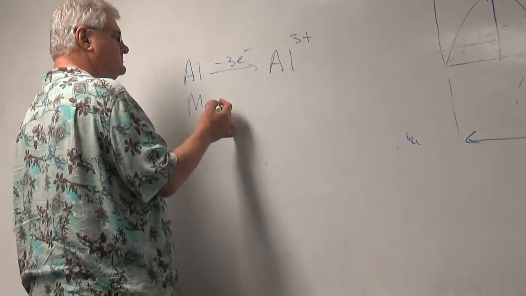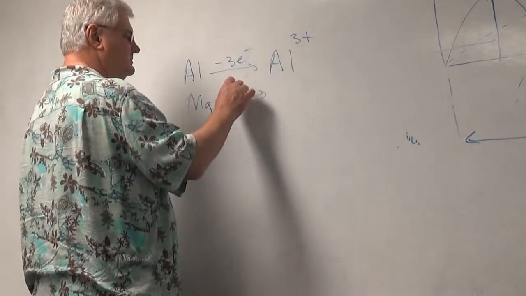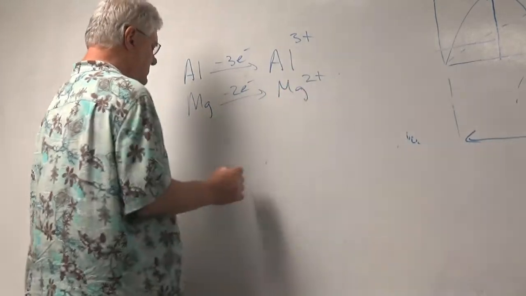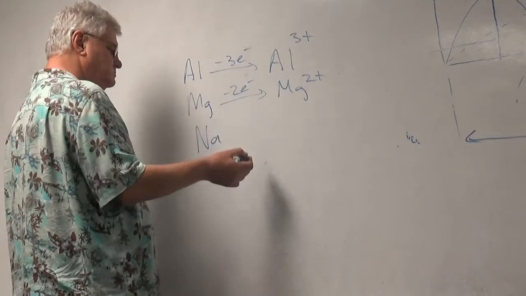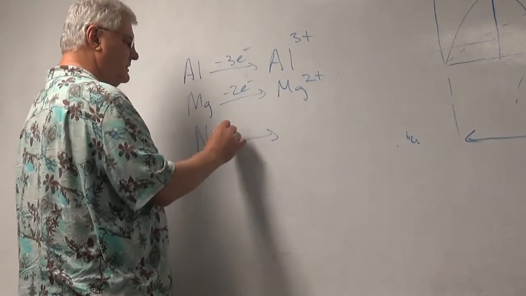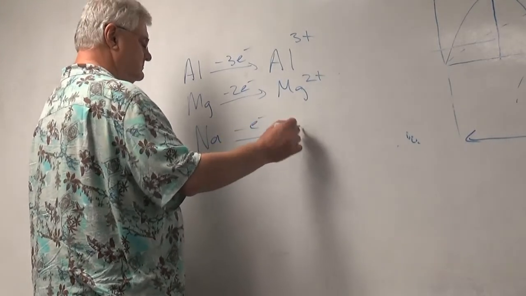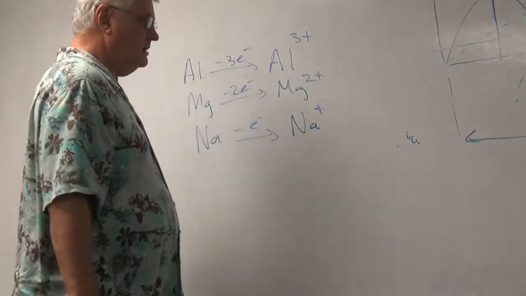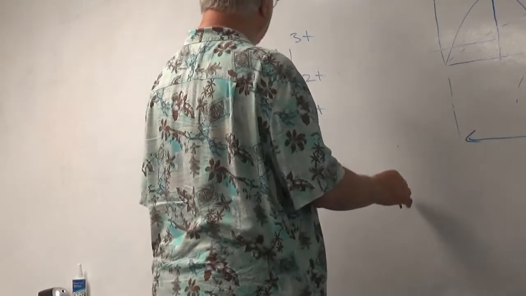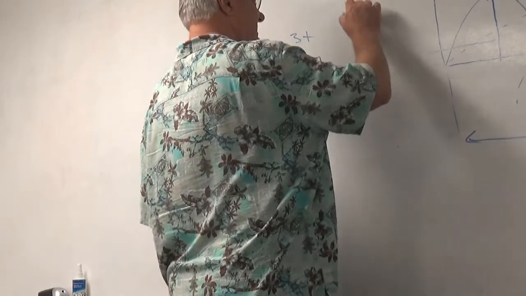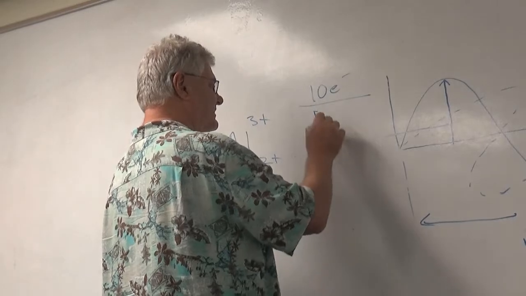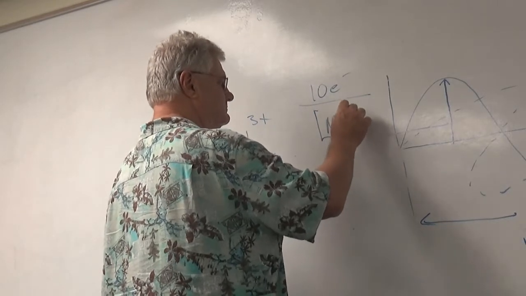Magnesium loses 2 electrons, it has a plus 2 charge. Sodium, if it loses 1 electron, it has a plus 1 charge. All of these have 10 electrons. They all have the same electron configuration as a neon atom.